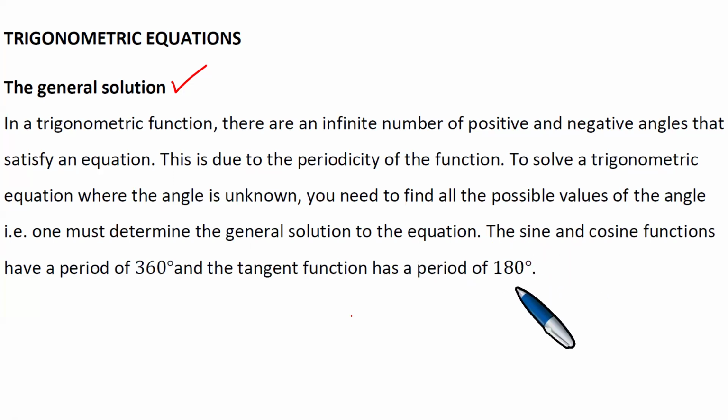The sine and cosine functions have a period of 360 degrees, and the tangent function has a period of 180 degrees. So we continue as follows.